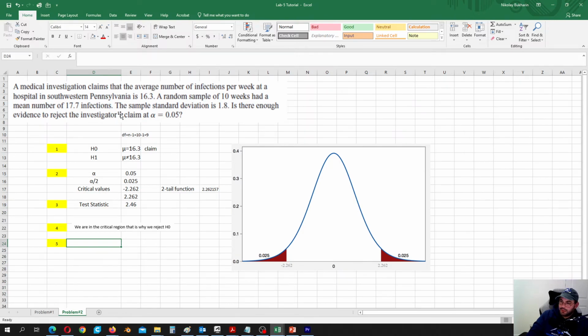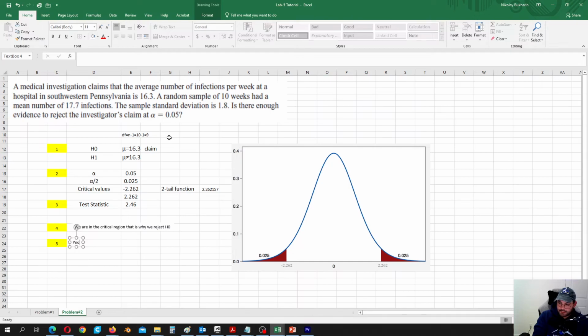Now let's copy paste that. Since we rejected H0, we need to answer this question now. Is there enough evidence to reject the investigator's claim?